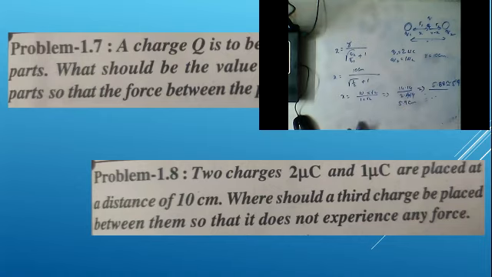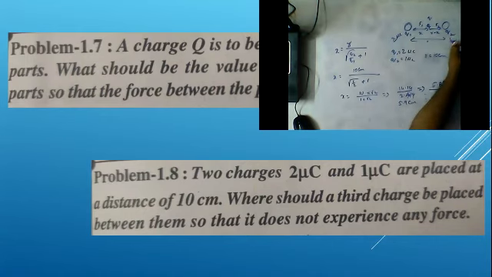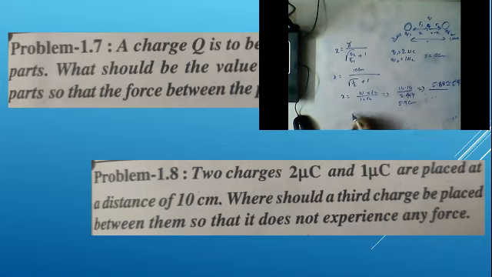This value, 5.9 centimeter, is from the 2 microcoulomb charge. So here q1 is equal to 2 microcoulomb, and q2 is equal to 1 microcoulomb. So 5.9 centimeter from 2 microcoulomb. Now what is the distance from the 1 microcoulomb?